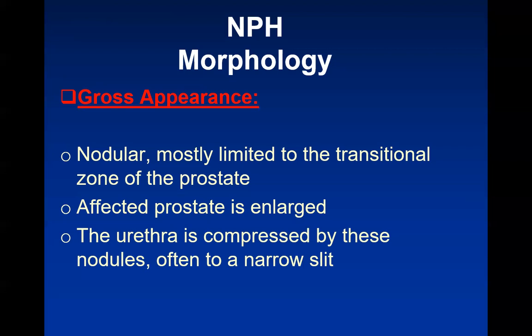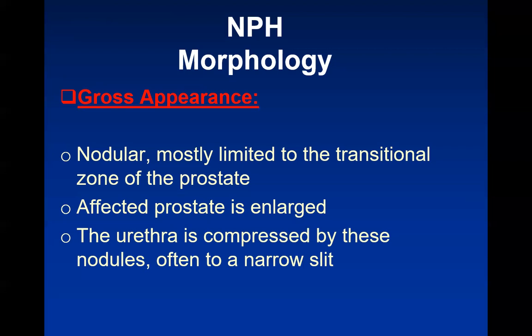When it becomes affected with NPH, it takes the size of a medium-sized apple, actually huge. And I remember, I used to receive tons of them when I used to gross all those prostates.